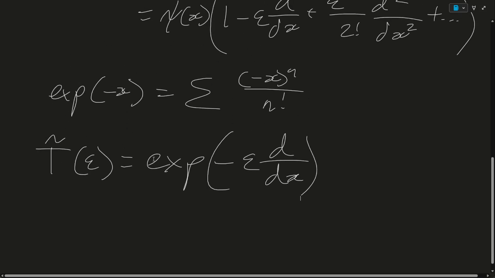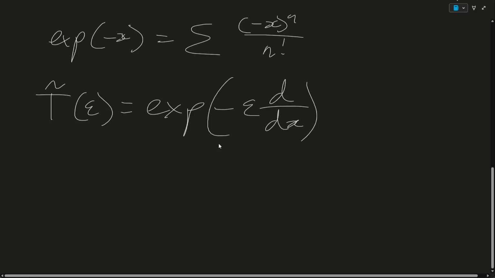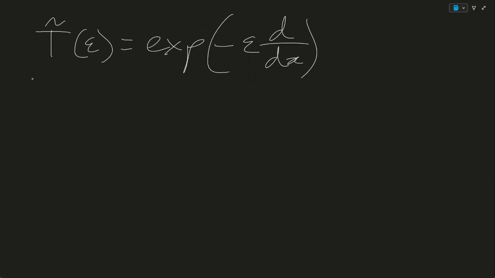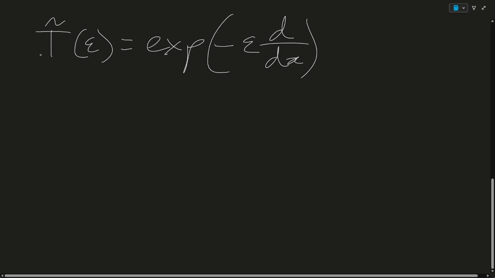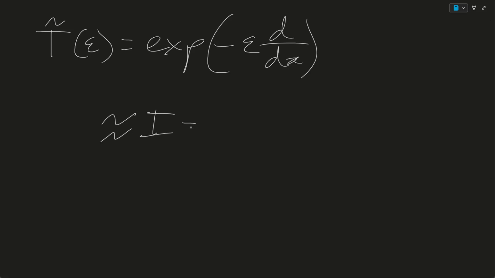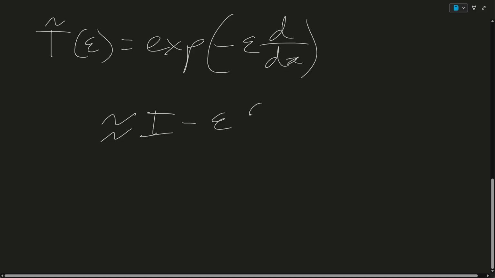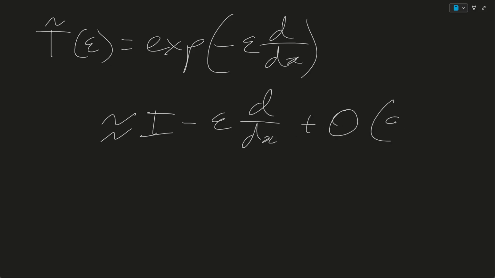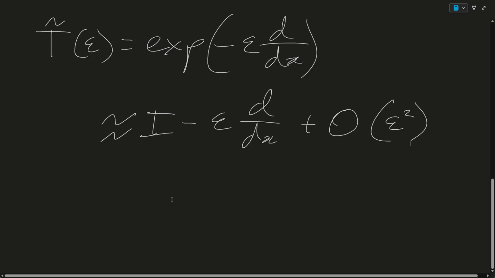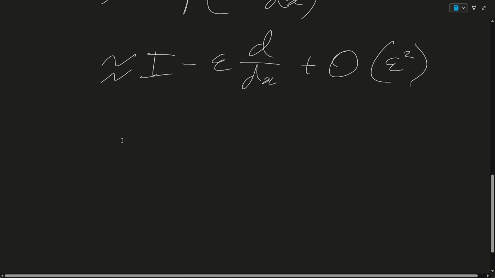I think it becomes fairly clear now what we're starting to get at. So this is roughly equal to I minus epsilon d/dx plus our error terms, I being our unit.